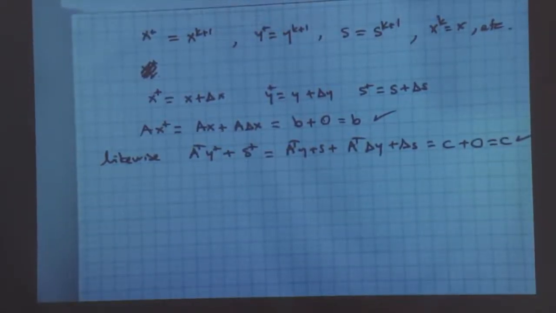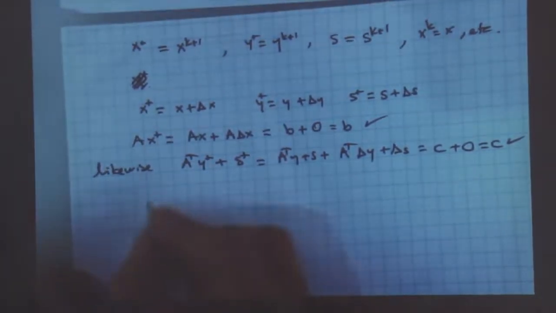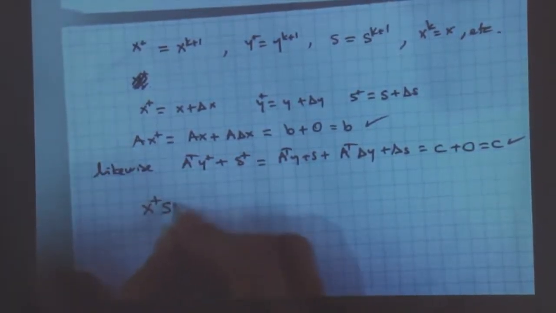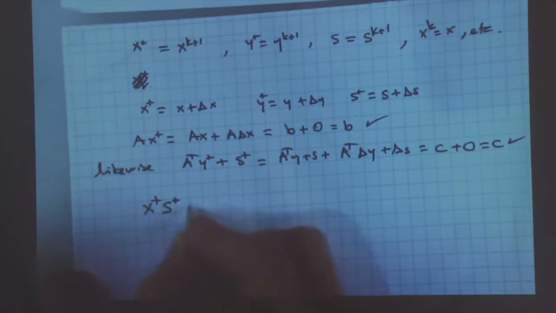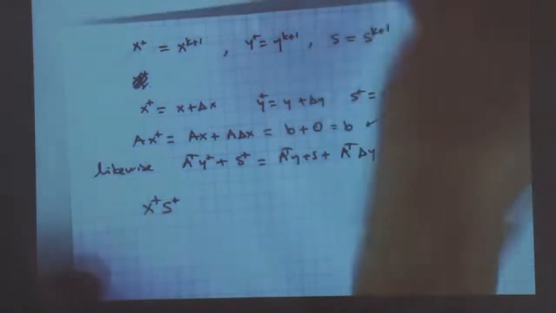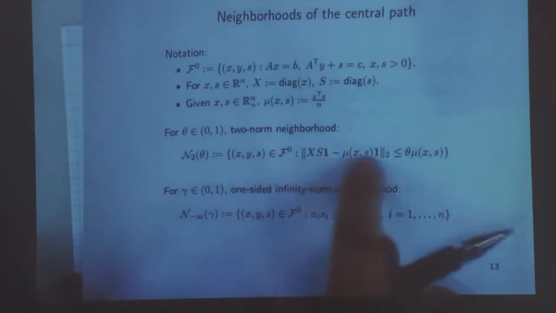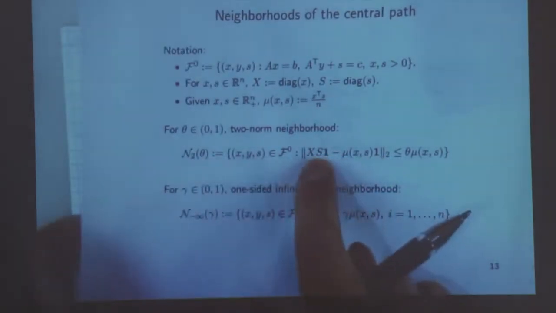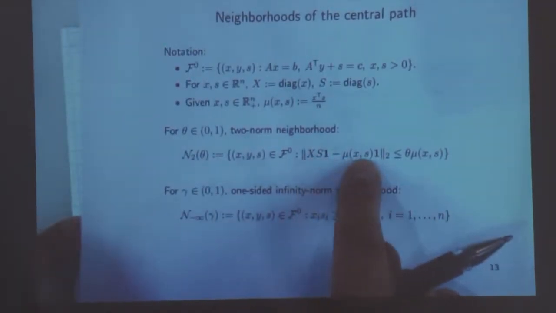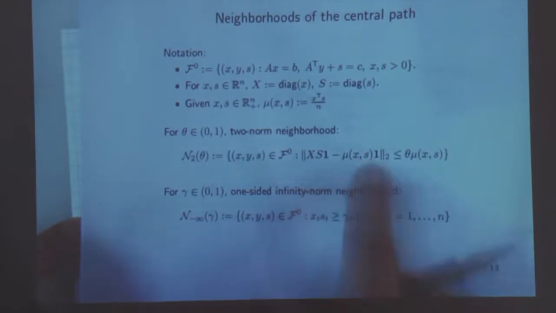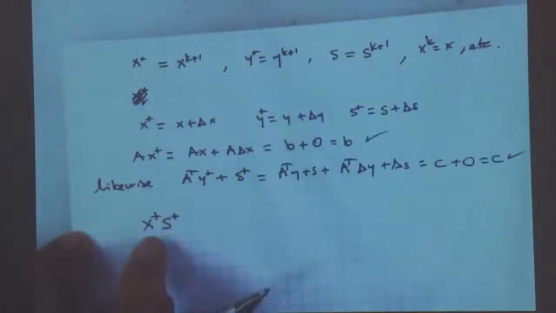I don't have time to tell you everything, but if we wanted to check that we are in the neighborhood, we will have to compute x plus s plus and subtract mu of x plus s plus 1. Okay. So let me at least show part of this.